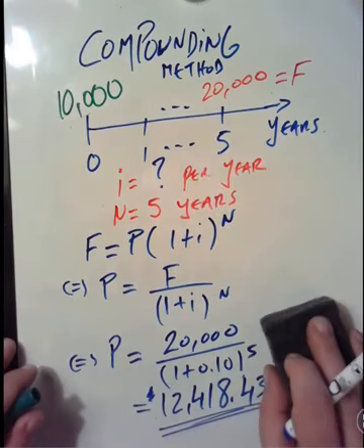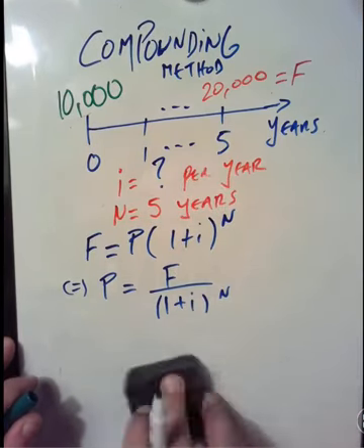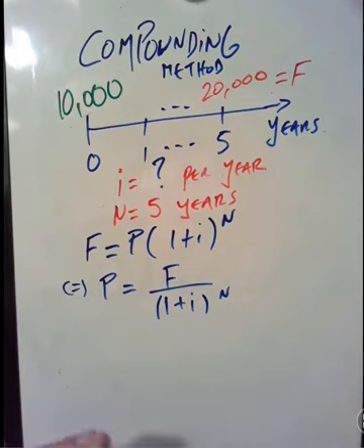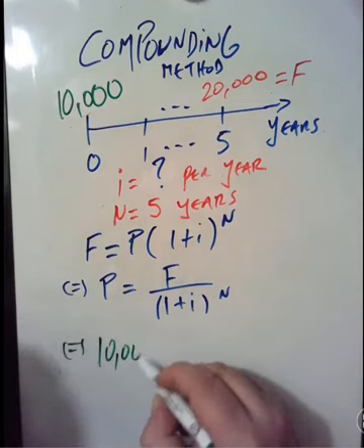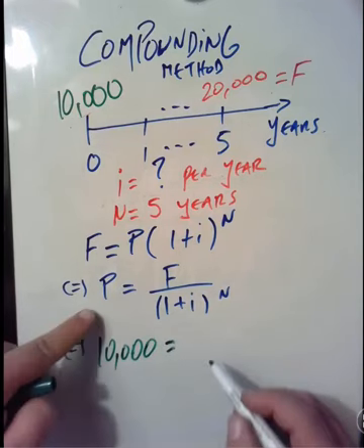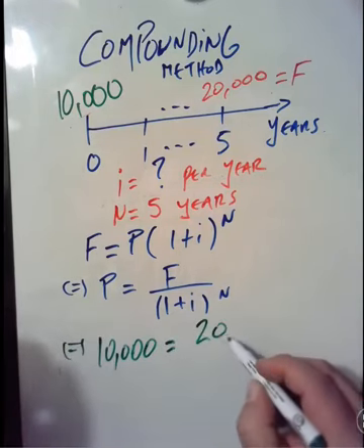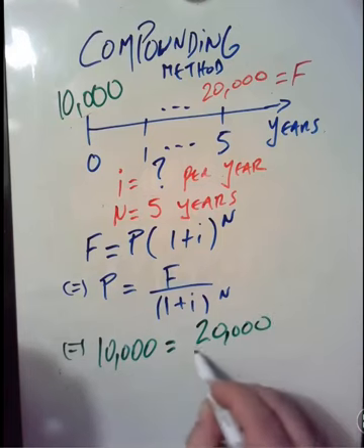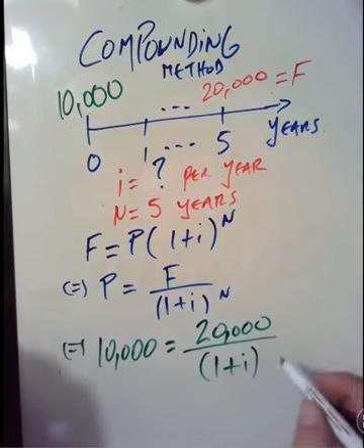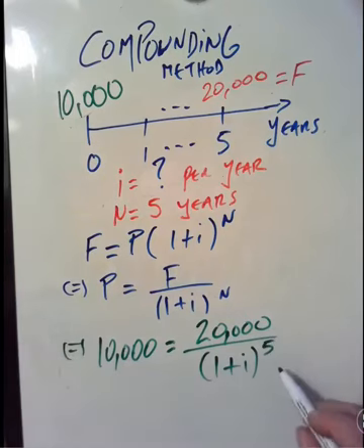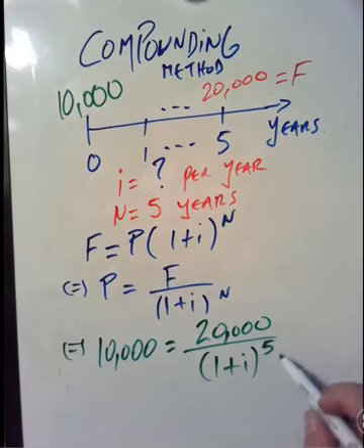So for that, if I only have $10,000 and I want to have 20,000, what is the interest rate that I need to earn per year, given that this is constrained to 5 years, in order to achieve this goal?